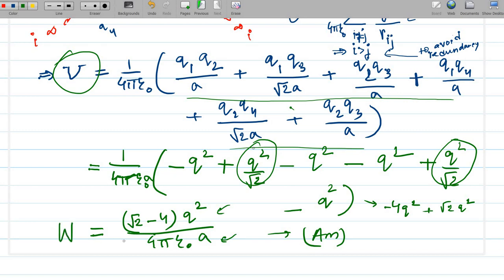Remember, what was the work to assemble that charge configuration? As you know, work is equal to negative delta U. In this case, delta U is U, so I should put on a minus sign here, right? And that should have been the answer. So, a little caveat in the previous problem.